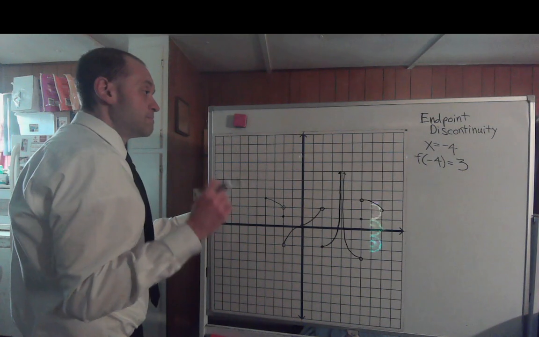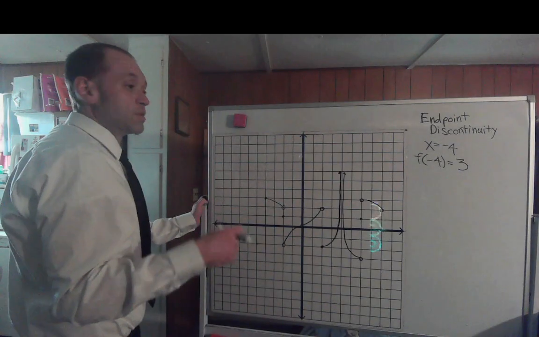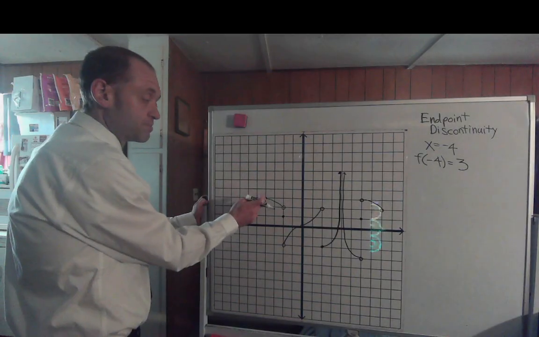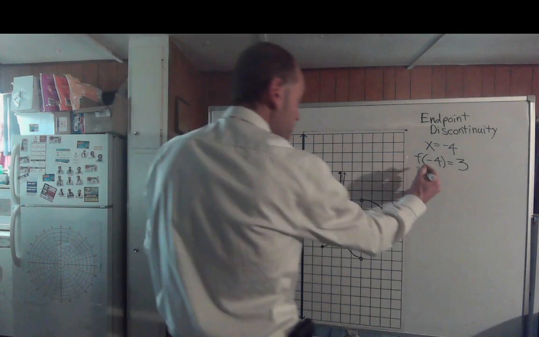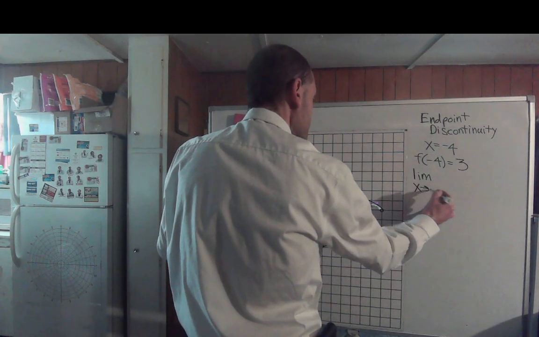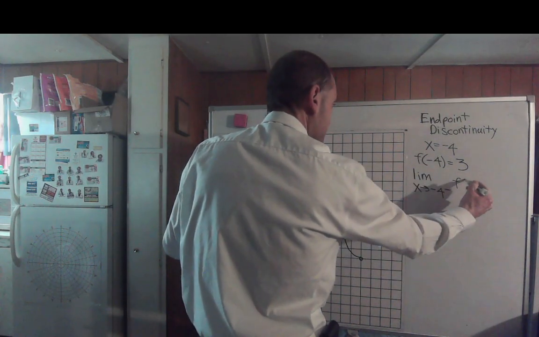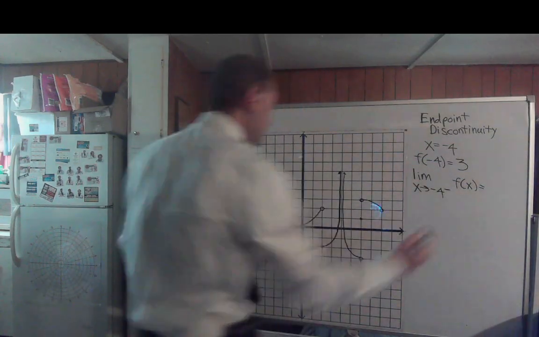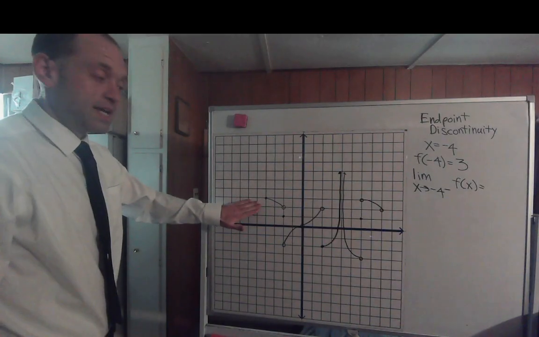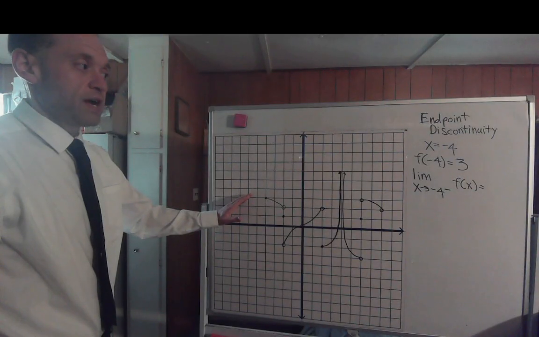Now, the next thing we want to determine is the left-handed, right-handed, and general limits of this point of discontinuity. So let's take the limit as x approaches -4 from the left of this particular function. Well, if we approach -4 from the left, that means x has to be less than -4, and this function's not defined for such values.